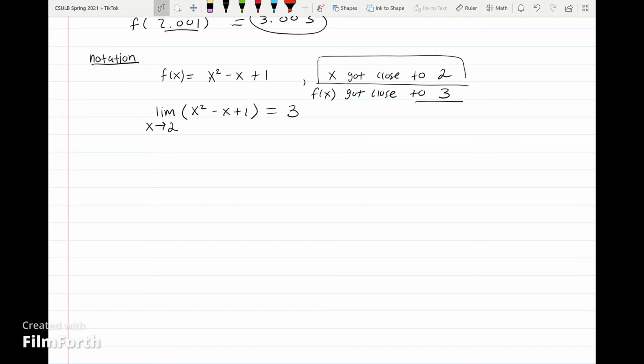So in general, this is what it would look like. You have the limit as x approaches any number of your function, and that's equal to something. It's equal to L. Please remember that even though I write an equal sign, it doesn't mean the function equals that value. Okay?